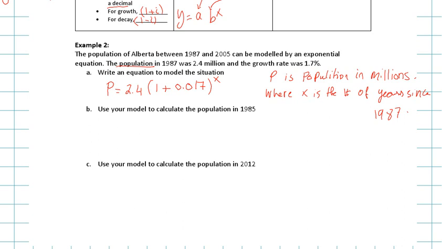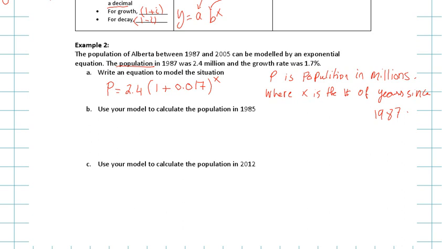Okay? So it's very important that you indicate these two things. Especially because it tells you here that 2.4 million is your initial population, but in a certain year. It's not your initial population from when Earth was created.